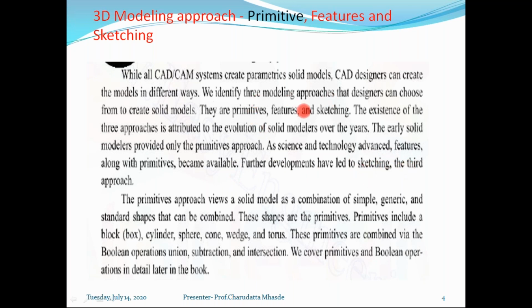So you need to remember the three approaches for creating a solid: the primitive approach, the feature-based approach, and the sketching approach. So what is the primitive approach? The primitive approach basically views a solid model as a combination of simple, generic, and standard shapes that can be combined.